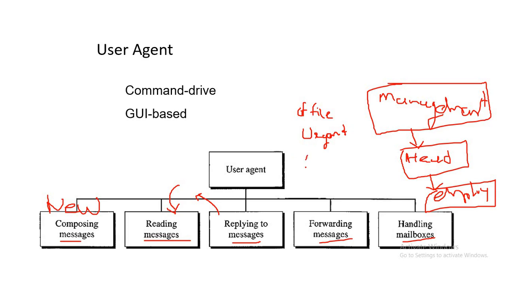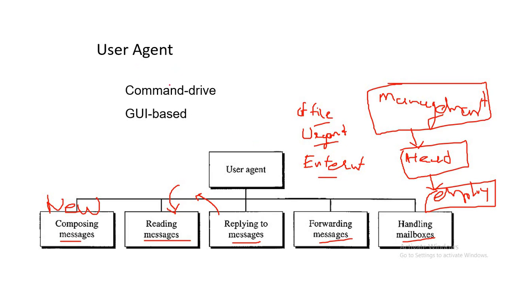Like some of the mails are for entertainment, like mail regarding movies and song links, so you can generate one mailbox for entertainment. Get it? So you can categorize your mail by handling the mailboxes, by creating different folders.